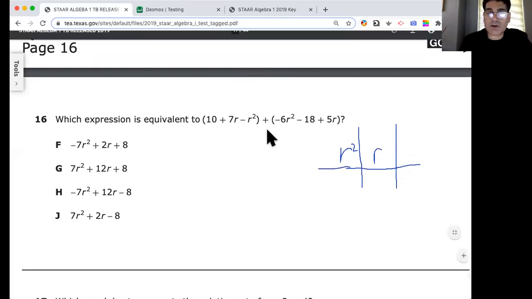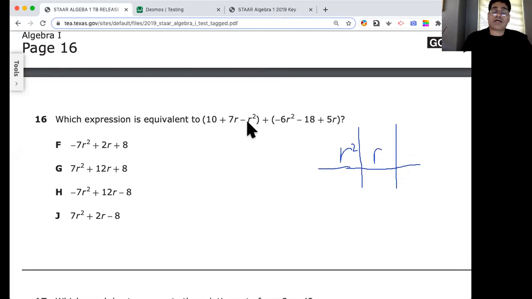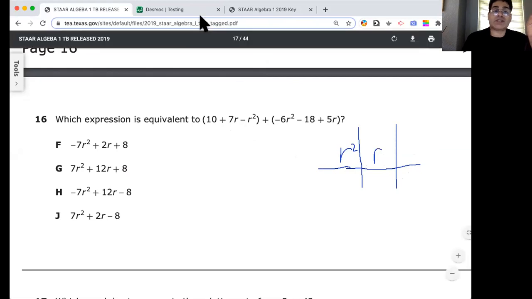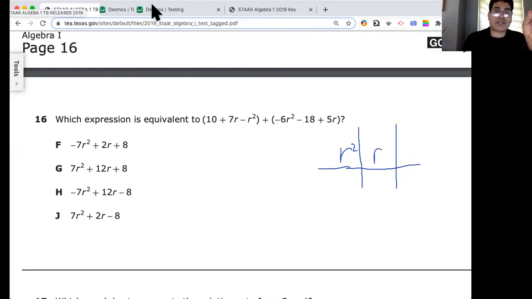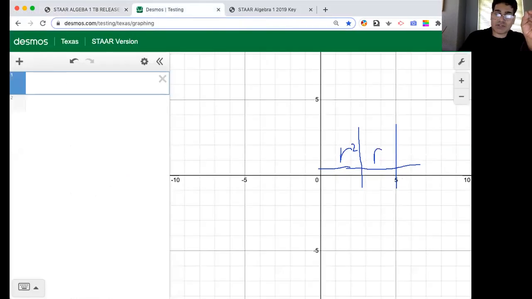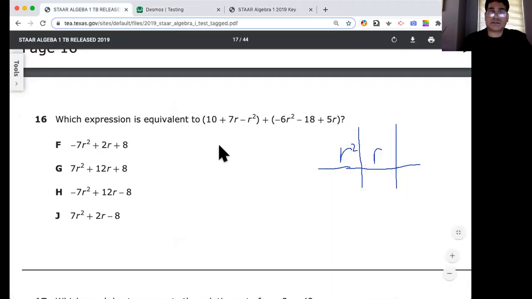Let's count up the R squares. I have negative R square, so the number in front of R square is a negative something. And if it's not written, it's a 1. So let's go to the calculator. And we have negative 1. And then we are adding the other R square.